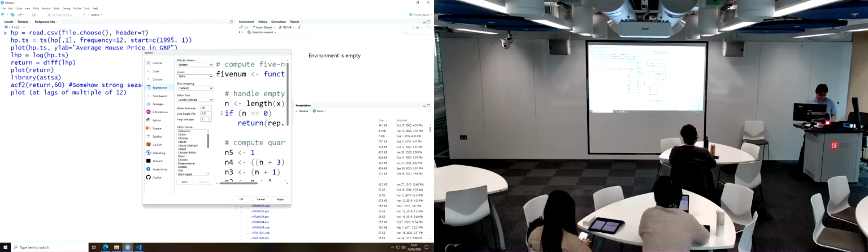So I hope this is large enough for you to see. Maybe not, so let me make it even larger. So I hope this is large enough. So basically, we need to read in the data first. So the data is here.